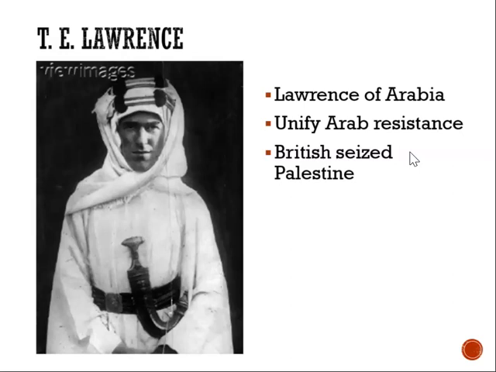They could have an independent state. But even though I think that's what they told him and that's what he really believed, that's not what's going to happen. At the end of World War I, the British seized the area, Palestine and the whole area there, and this leaves many of the Arabs feeling like they've been betrayed. Well, I guess they had been betrayed. And Lawrence of Arabia, of course, felt guilty for this for the rest of his life.